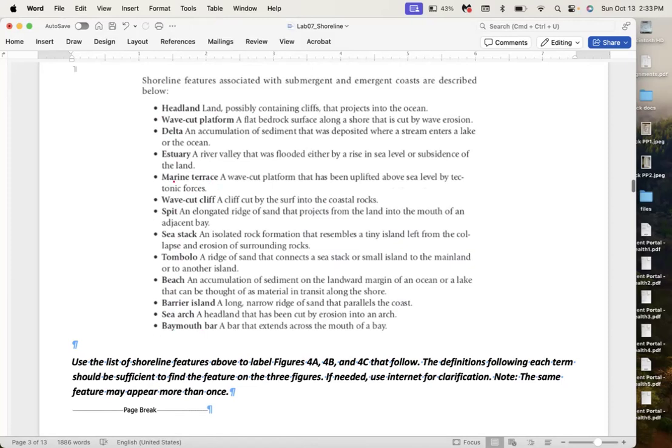Each of these terms has a definition with it, or you can go back and, if you need it, look in the lab manual.